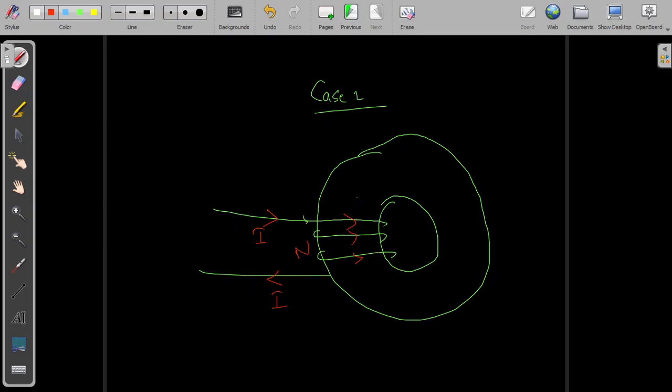Same number of turns N, so that magnetomotive force MMF is the same, NI ampere turns. Because of the magnetomotive force, a flux will be set up like this, like this.